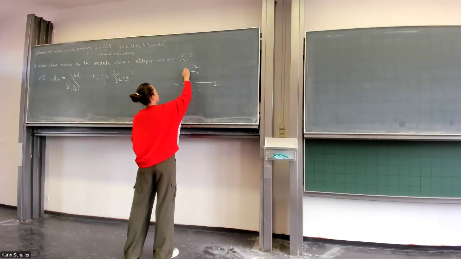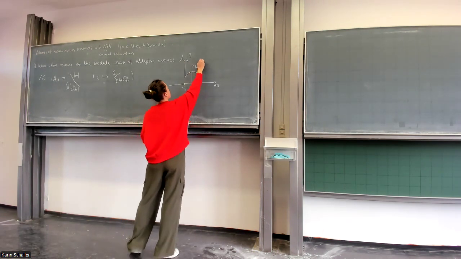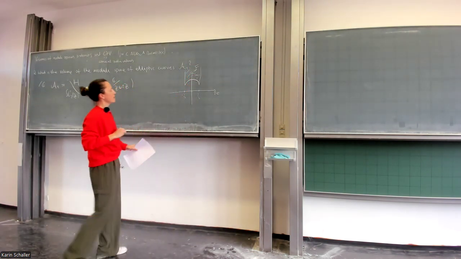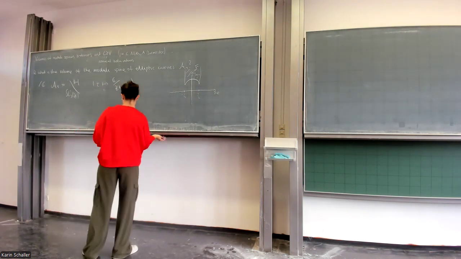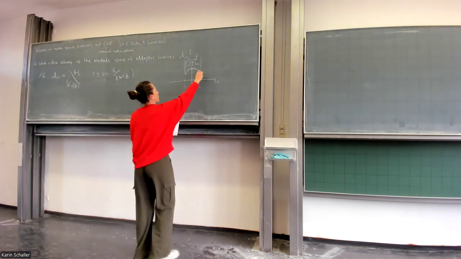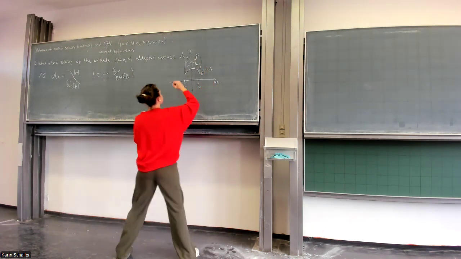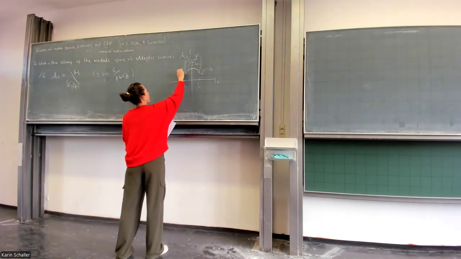So it looks like this. It's a strip that goes to infinity. So this is going to be a fundamental domain. Maybe I can write this as e to the 2 pi i over 3 and e to the 2 pi i over 6.